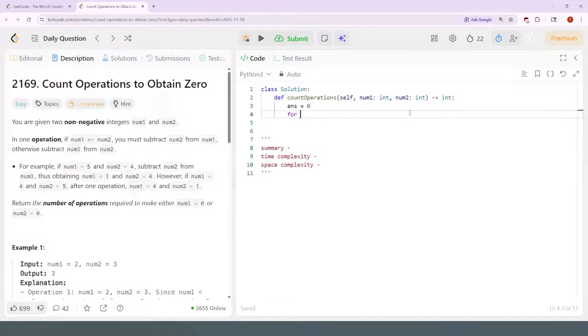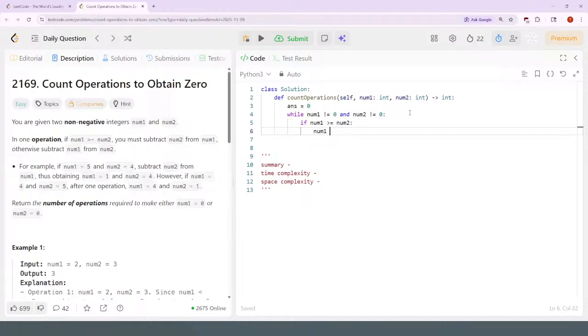Answer equals 0, while num1 not equal to 0 and num2 not equal to 0. If num1 is greater than or equal to num2, num1 subtracted by num2, else num2 subtracted by num1.